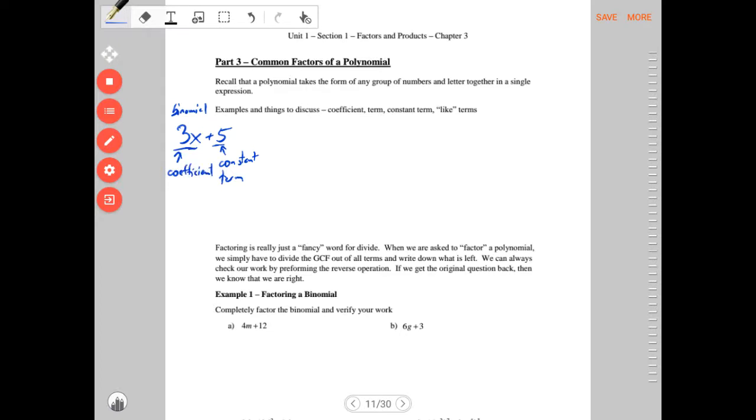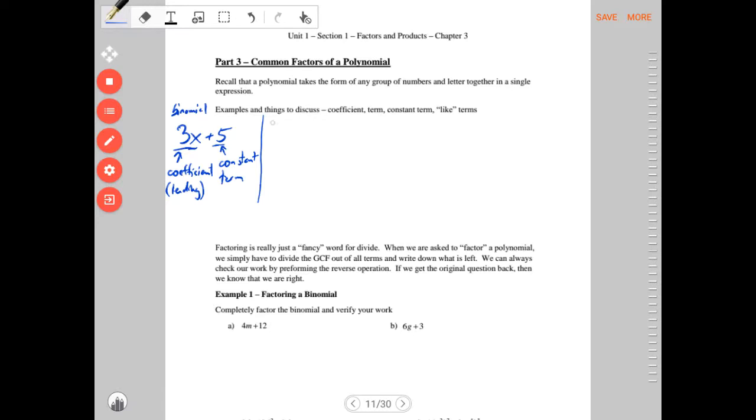If that coefficient is on the term that has the largest exponent on the variable, it's called the leading coefficient. So in this case, this is the leading coefficient. It's the only coefficient. That will be clearer when we get bigger polynomials. So: constant term, coefficient, leading coefficient, and that one is a binomial.